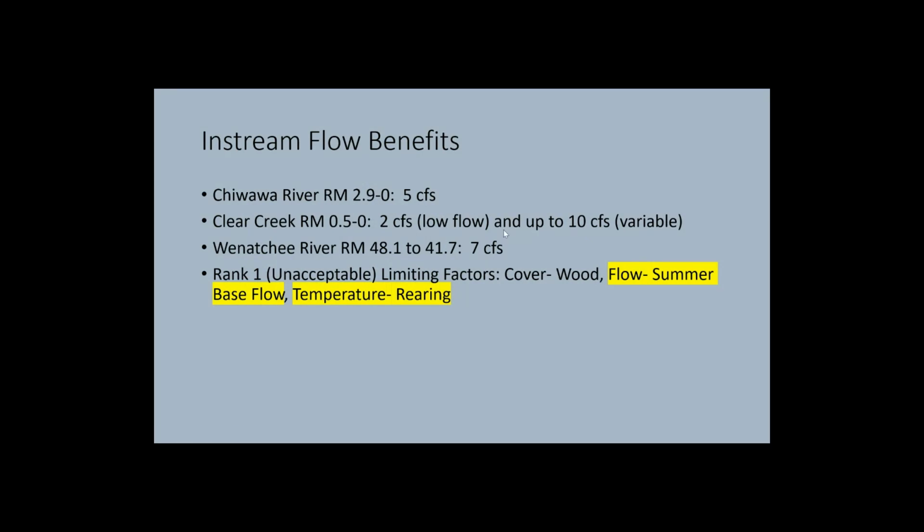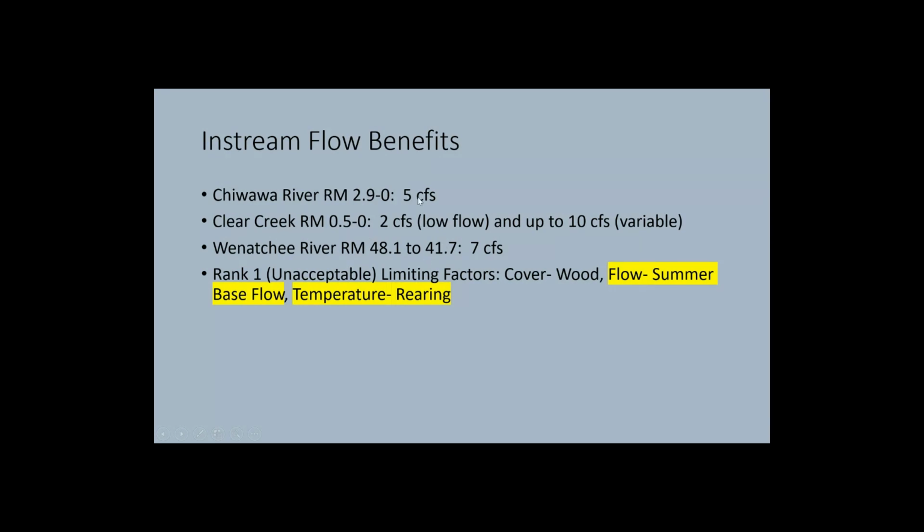Prior to flows dropping off in Clear Creek, but during the irrigation season, they can and do divert up to 10 CFS. And because of the lack of sophistication at the diversion point, they've had more than 10 CFS go into the canal. I'll walk through why that's the case.